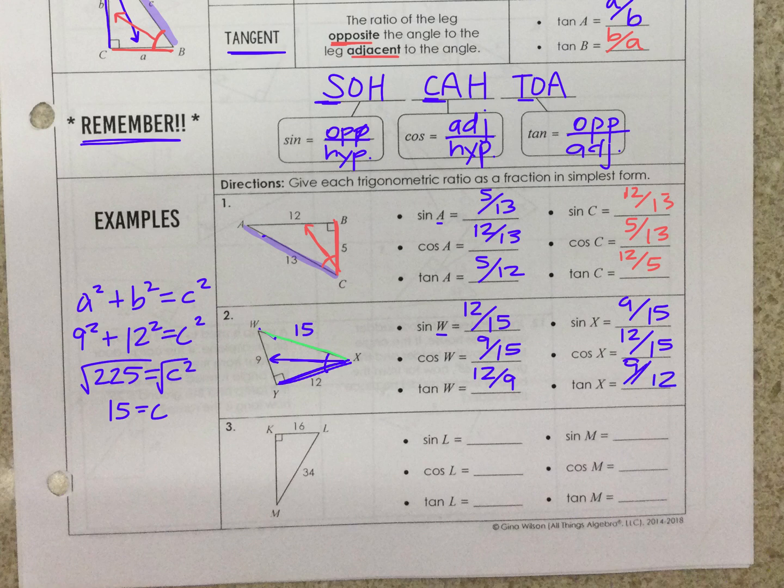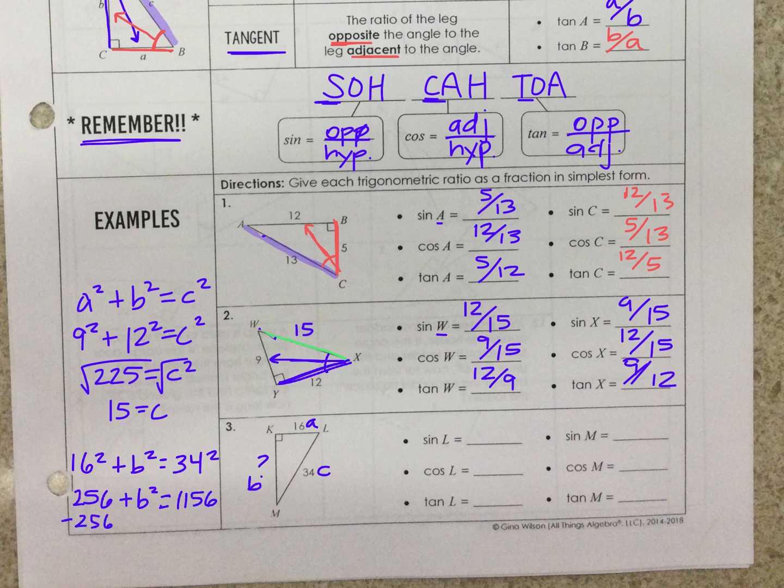All right, one more. First, we need to figure out our missing side. Let's call this A, we'll call the missing one B, and we know that C is our hypotenuse. 16 squared plus B squared equals 34 squared. 16 squared is 256 plus B squared equals 34 squared, which is 1,156.